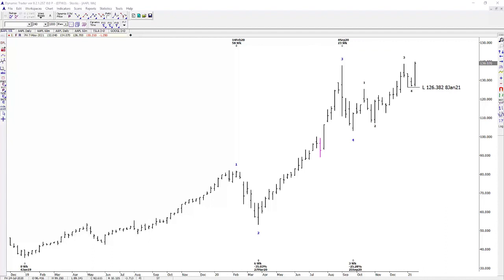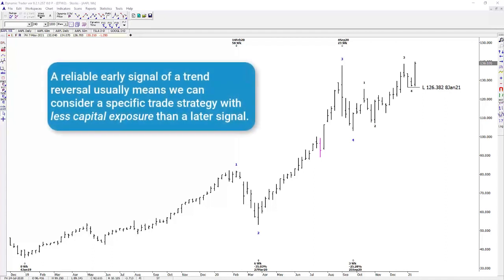So if we have an early signal that a wave 5 is complete, we have an early signal of a trend reversal. And a reliable early signal of a trend reversal usually means we can consider a specific trade strategy with much less capital exposure than a later signal.